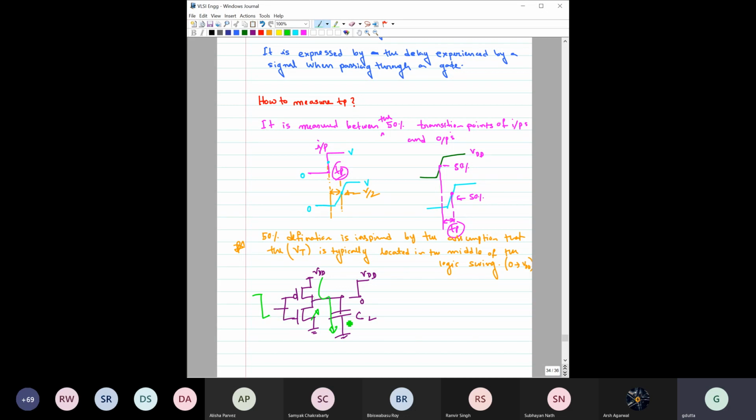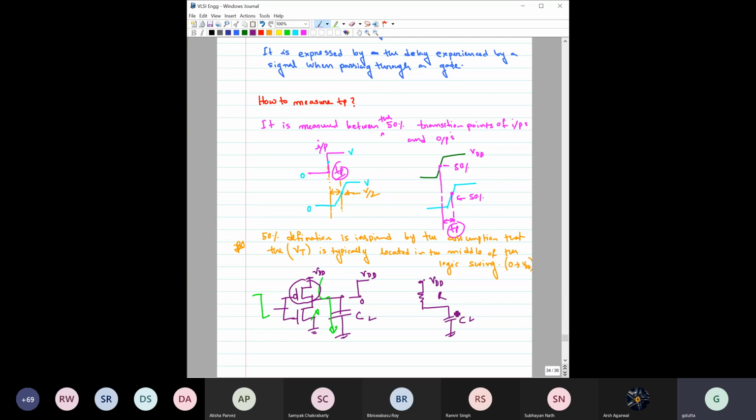While it is charging through this PMOS, you can consider this PMOS as an equivalent resistor, one resistance charging this capacitor CL, with VDD. So this is basically nothing but a simple RC circuit.